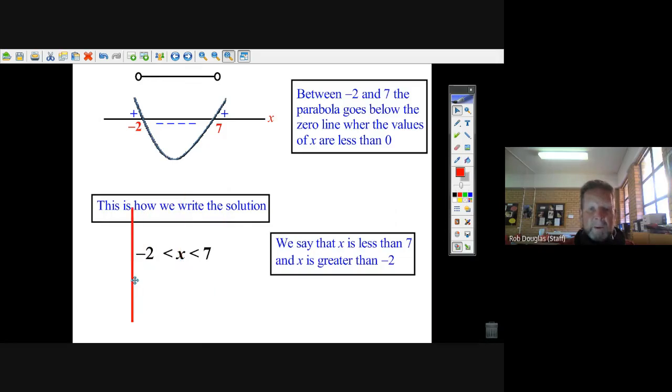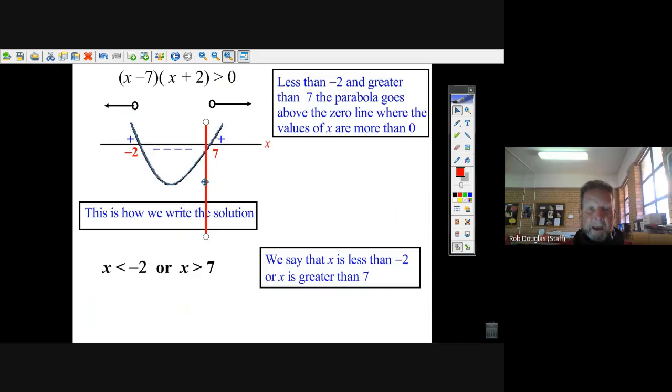That's how you write the solution down using inequality signs. And since you're given inequalities, it's important to understand this expression. X is less than 7, greater than minus 2. That means in between 7 and minus 2, that's where the values will go negative, where they'll be less than 0.